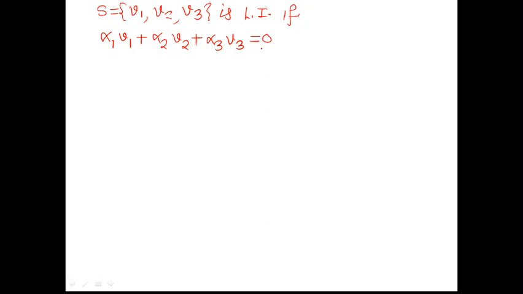If this linear combination is equal to 0 only when the values of all scalars, the scalars being alpha 1, alpha 2, alpha 3, are 0, then the set is said to be linearly independent.